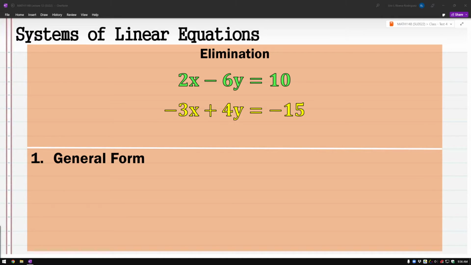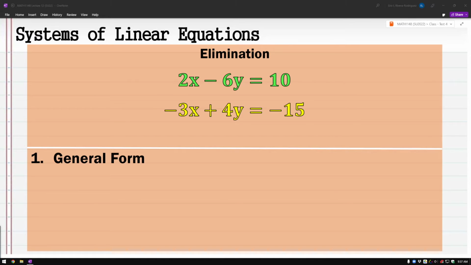Okay. First, what problems did you find solving this system? Did you find any problems with this system when trying to solve it?